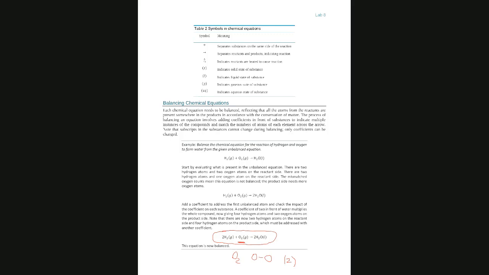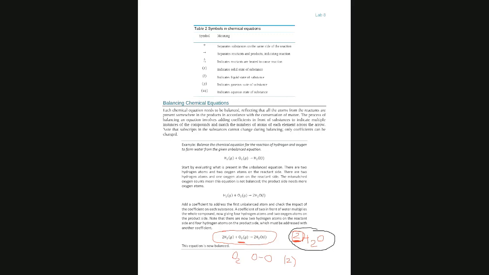And now let's look on the other side. We have 2 molecules of water. This coefficient 2, which is the one that we added at the beginning, this big coefficient, affects the whole molecule. The coefficient affects the hydrogen and affects the oxygen.